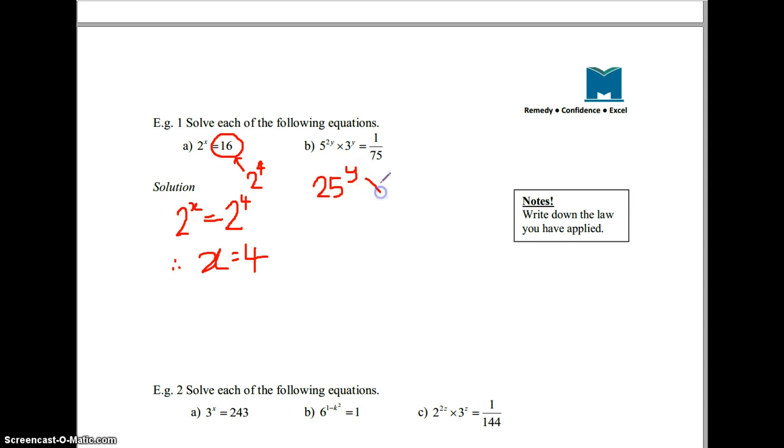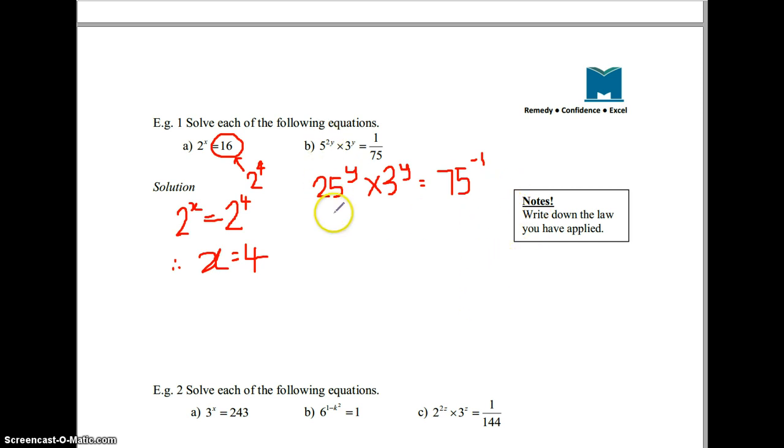Multiply by 3 to the power of y is equal to, I am going to flip this and change it to 75 to the power of minus 1. If you recall the law earlier on, this will be law number 7.